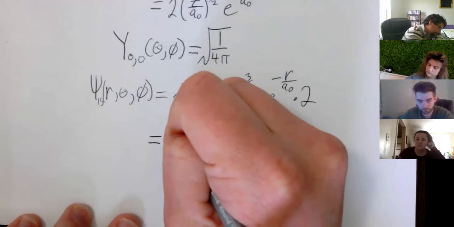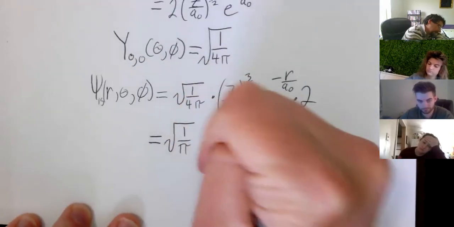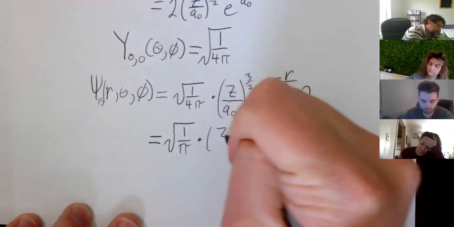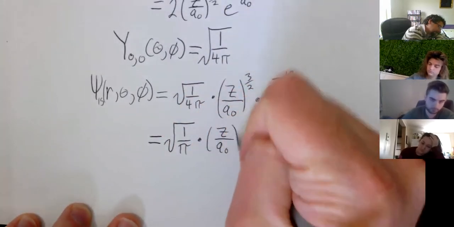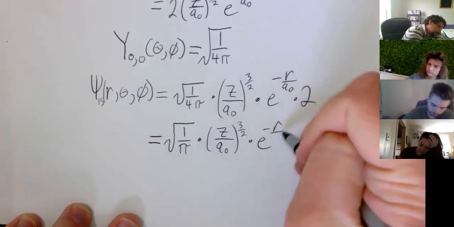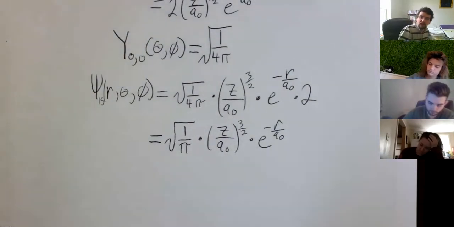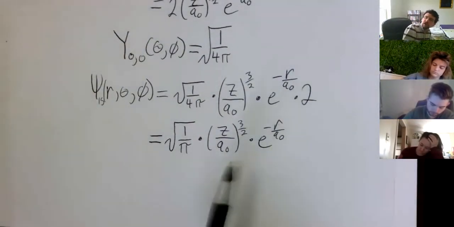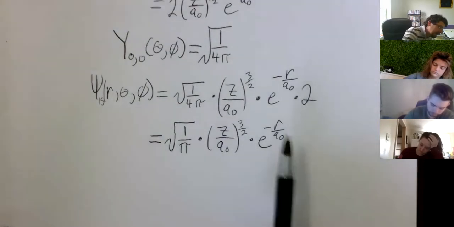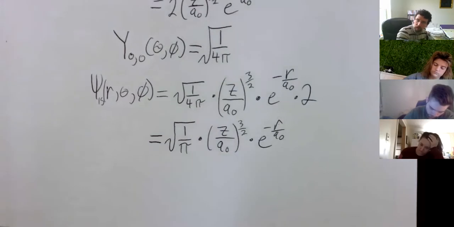So it'll be radical 1/pi times Z over a sub 0 to the 3/2 times e to the negative r over a sub 0. Yep, exactly. Now this expression doesn't look too difficult to deal with. All it depends on is that r value. There's no theta or phi showing up, so life is going to be a bit easier for us.